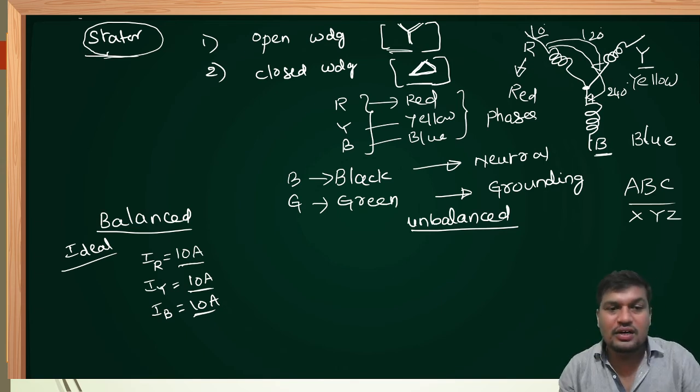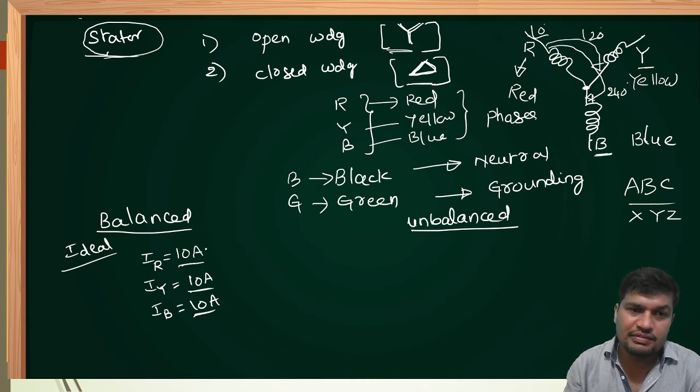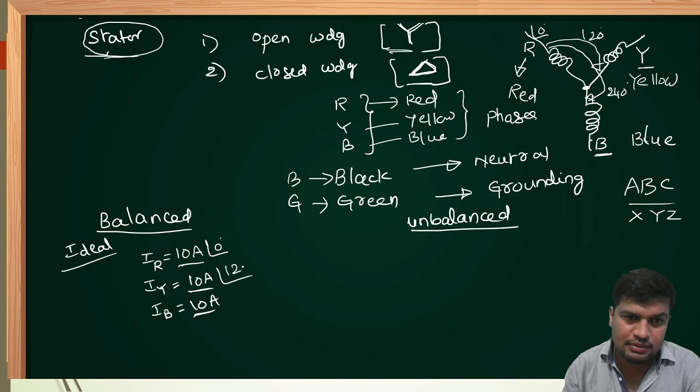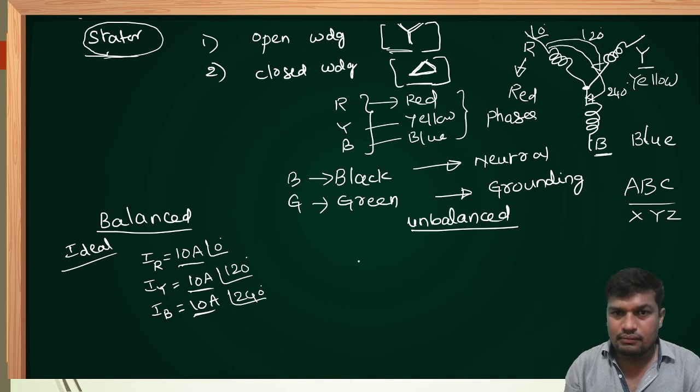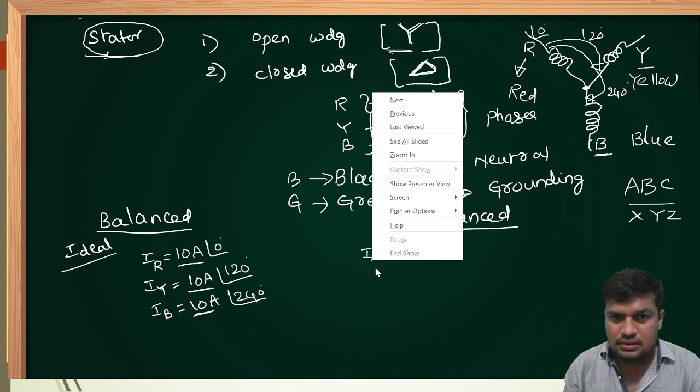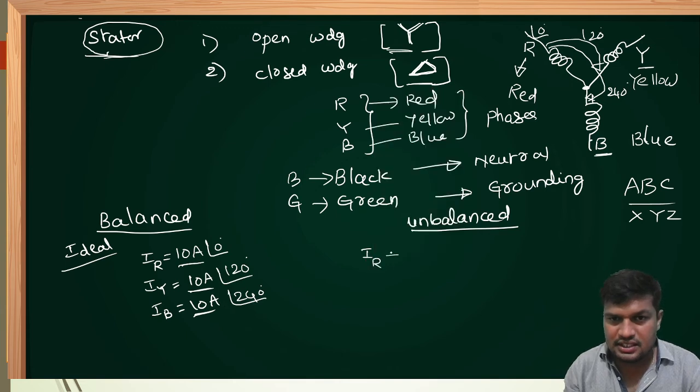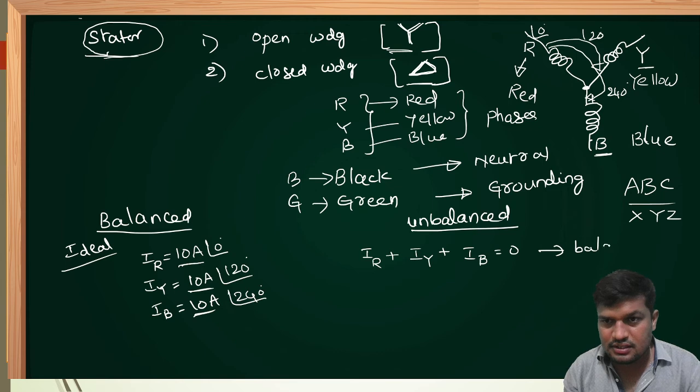Even though the current flowing through all the phases is the same in magnitude, there is a phase displacement: 10 amperes at 0 degrees, 10 amperes displaced by 120 degrees for Y phase, and B phase displaced by 240 degrees with respect to R phase. You studied network analysis: the sum of the three phase currents, IR plus IY plus IB, equals 0 in the balanced condition.